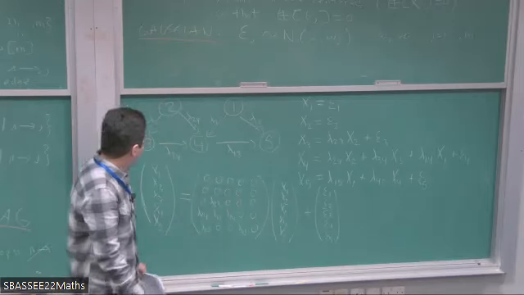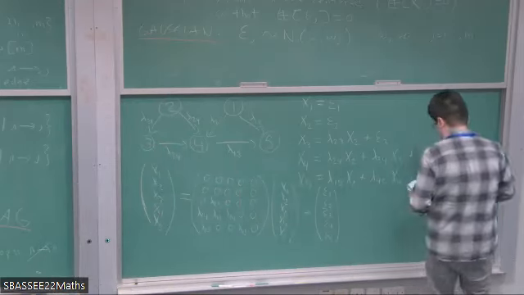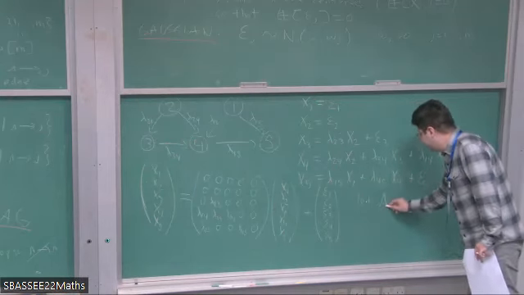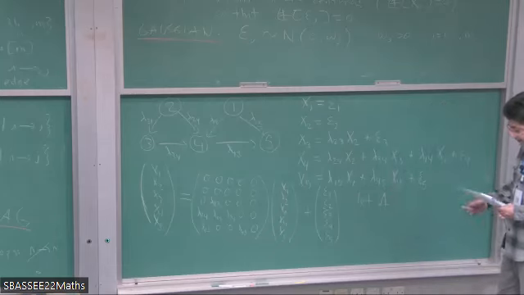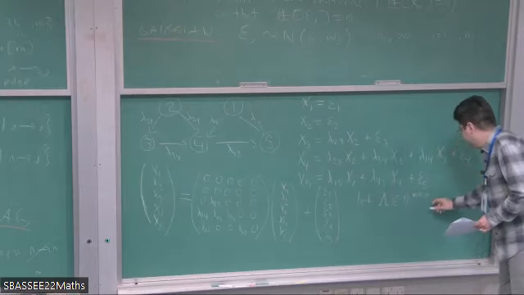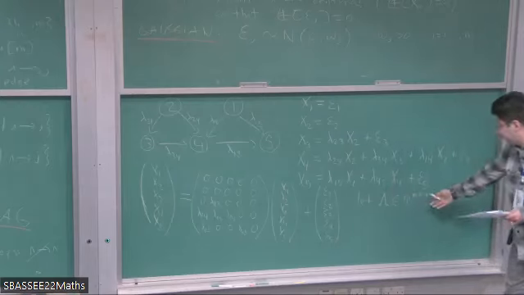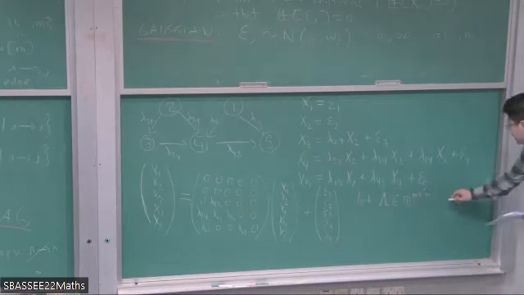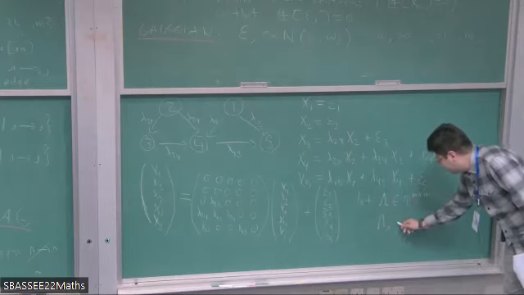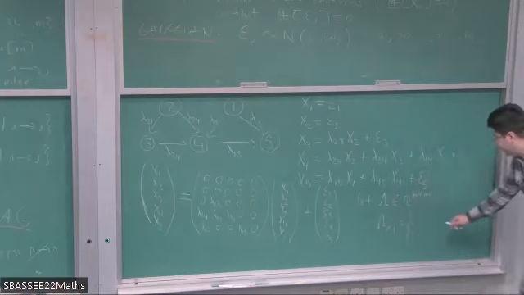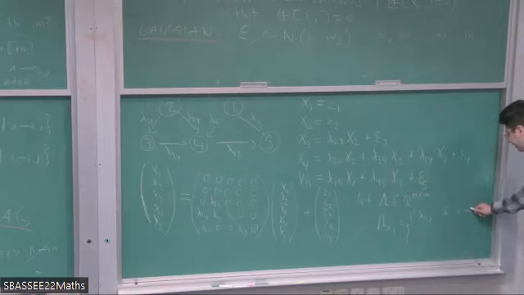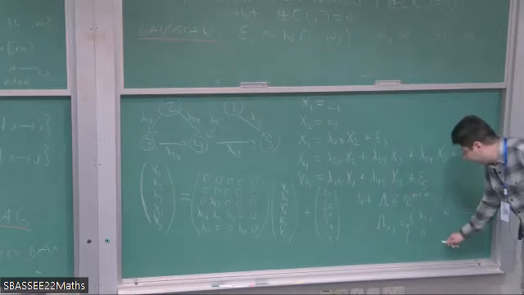If we let lambda be the matrix, it's going to be an m by m matrix, such that lambda ij is what we expect: the weight lambda ij if there is an edge from i to j, and 0 otherwise.